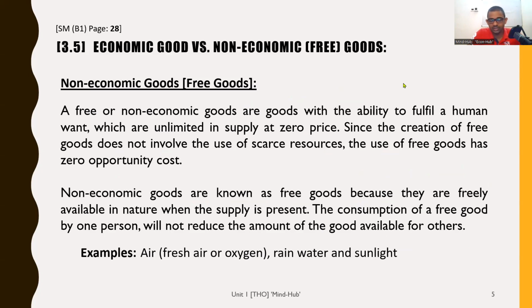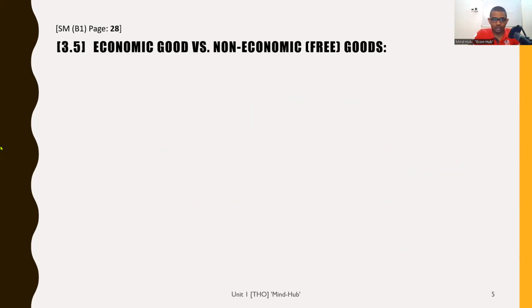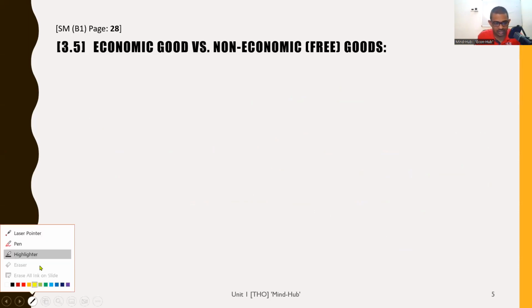Now non-economic goods. When we talk non-economic goods, remember how we looked at economic goods? We had that messy spiderweb thing. Some people call it different names, but we'll just call it the key points we identified.